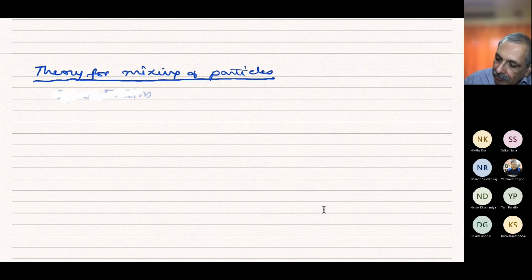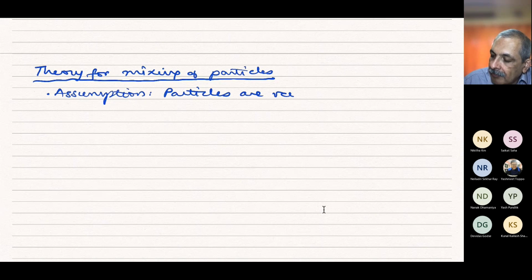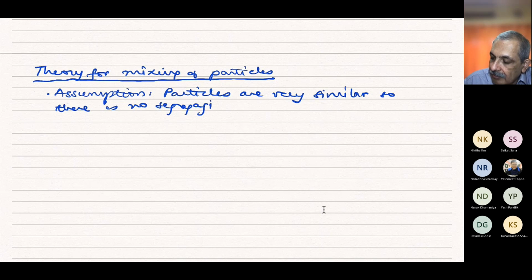So first, what I want to say is that the assumption here is that particles are very similar. So there is no segregation, and I'm going to talk about what segregation is in a little while.